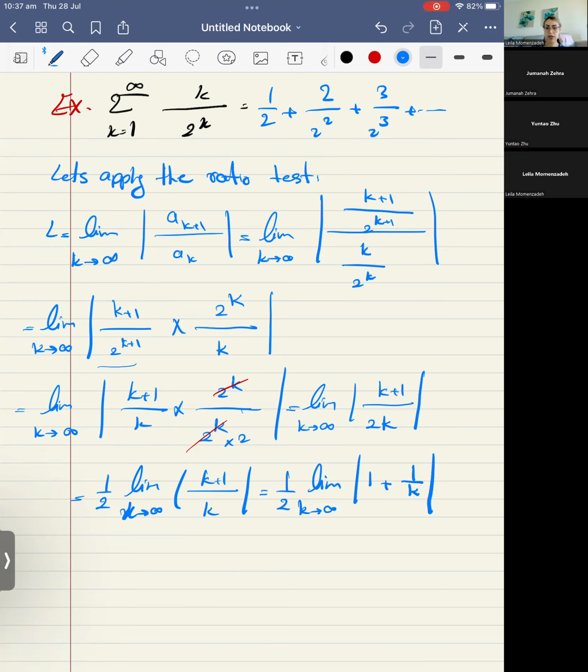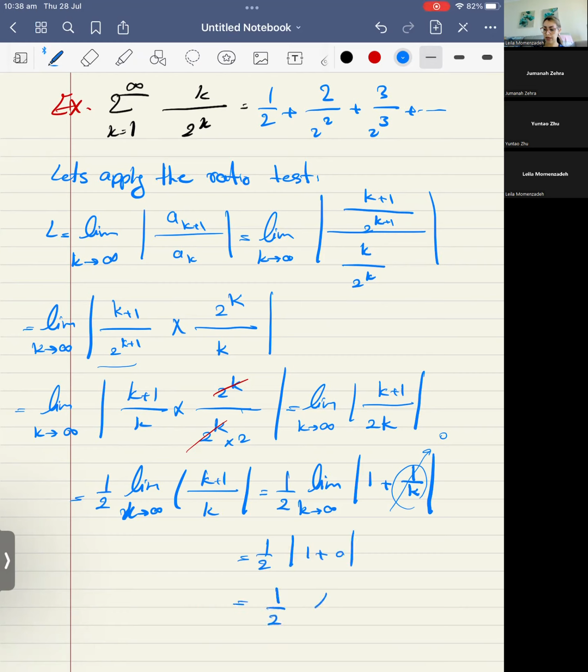As k goes to infinity, this one goes to 0, yes? 0 plus 1 is 1, and the limit is 1 over 2 times 1 plus 0, equal to 1 over 2.